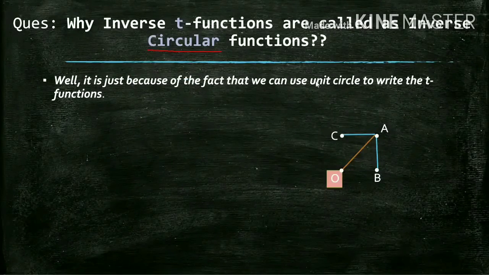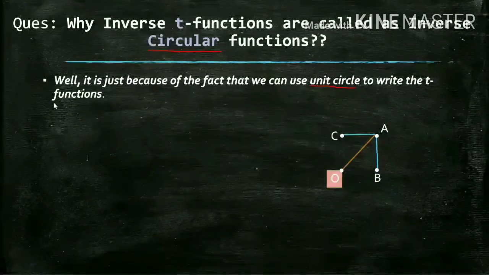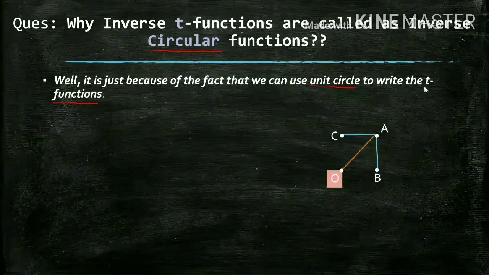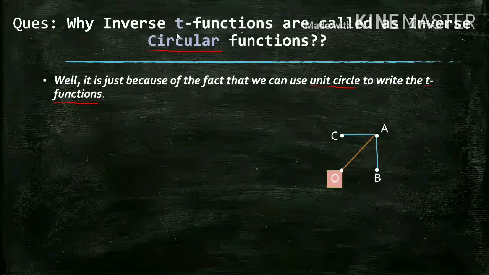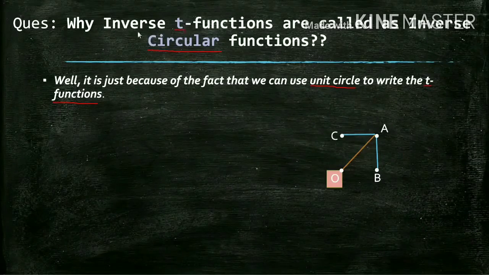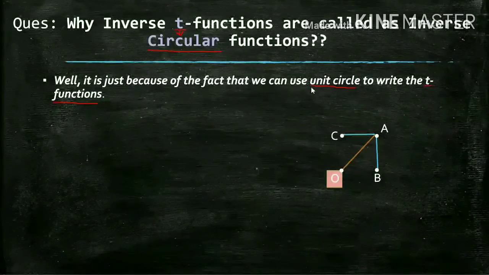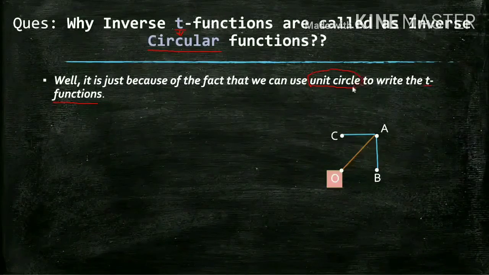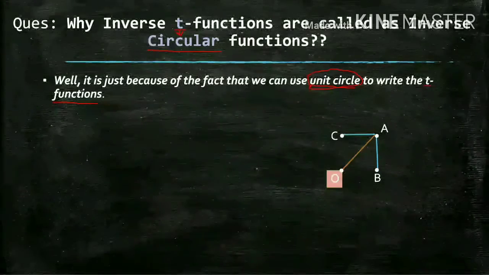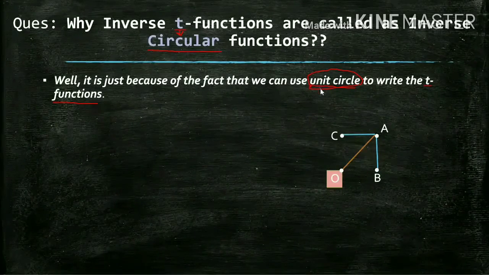It is just because we can use the unit circle to define the trigonometric function. I use the word circular in place of trigonometric. Inverse is just the same. Inverse functions can also be called circular functions because I can use a unit circle to define them. A unit circle is basically a circle of unit radius. Unit means 1. Unit radius means radius 1. A circle of radius 1 is a unit circle.